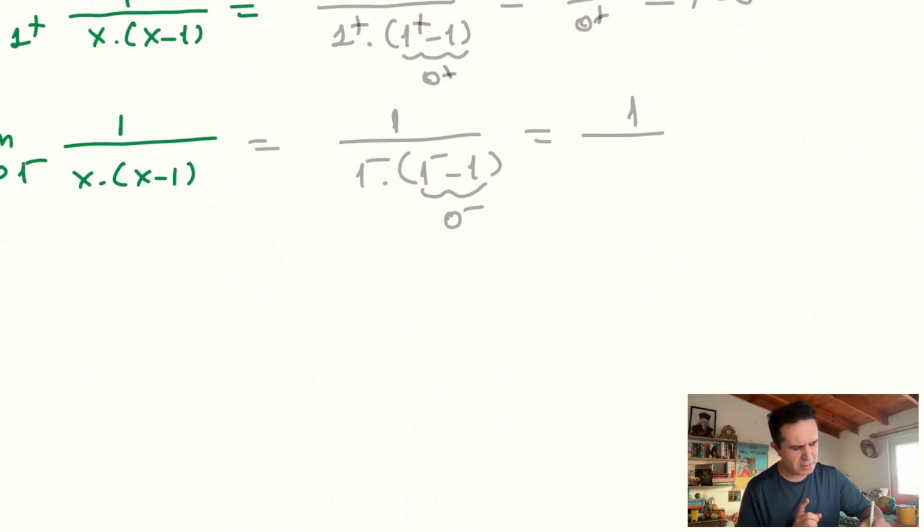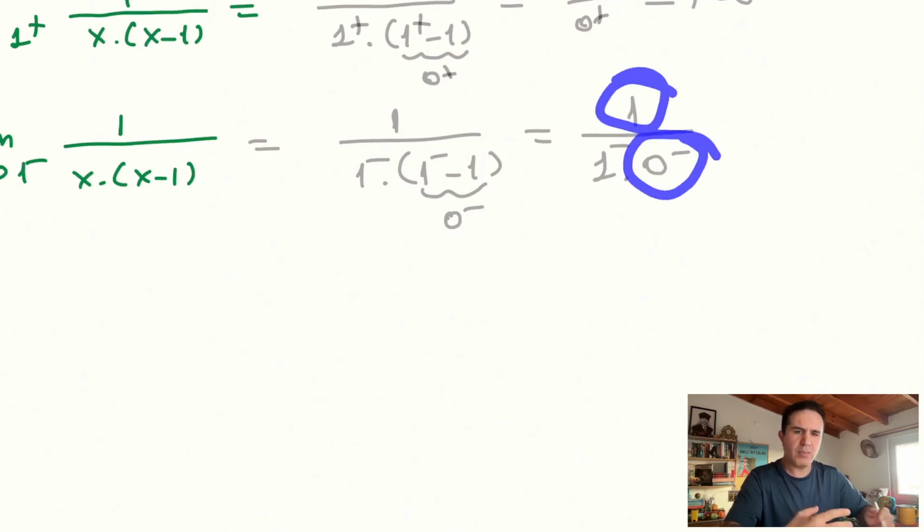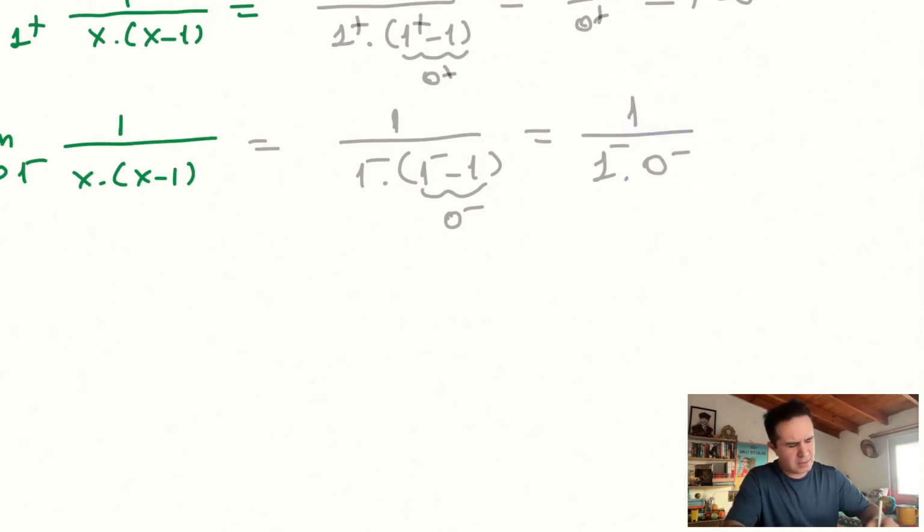Then this will be equal to 1 over 1 minus times 0 minus. 1 minus here is a positive number. It is close to 1, and so this is a positive number. Now, if we divide a positive number by 0 minus, this will be minus infinity.